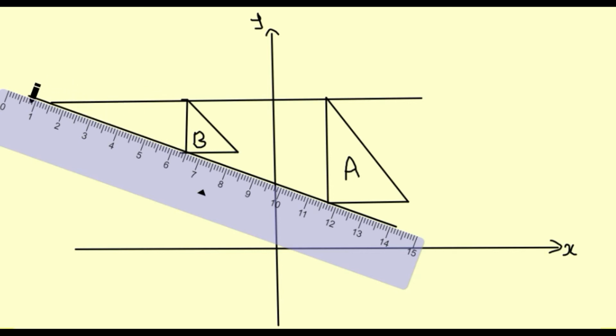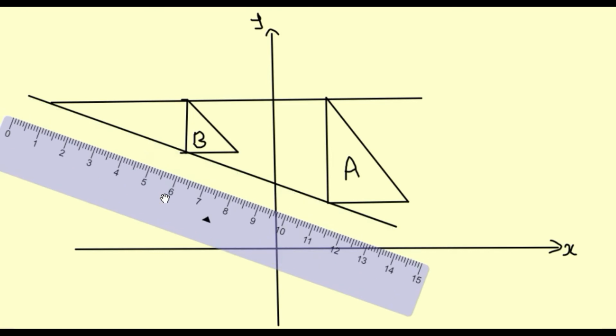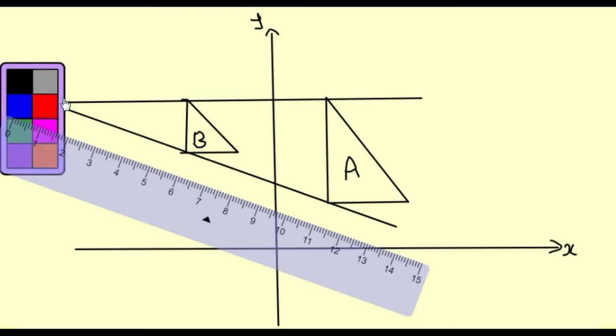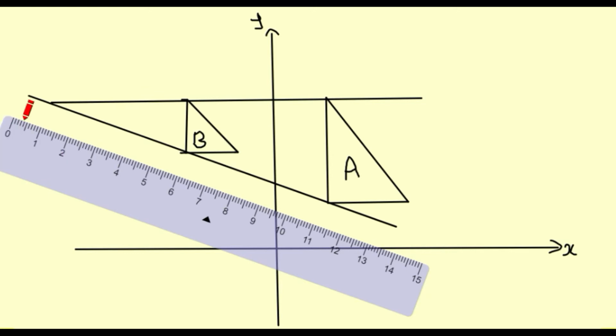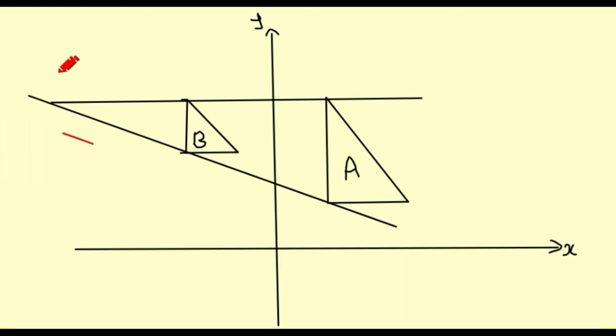Like this you can extend the line. So here you can see both the lines intersecting point. You can see the intersecting point here.